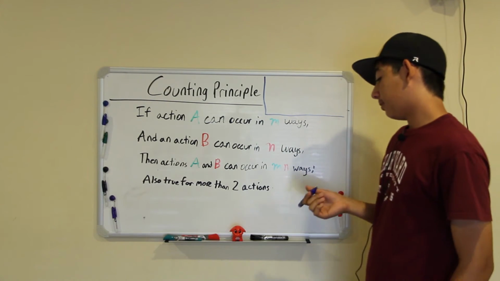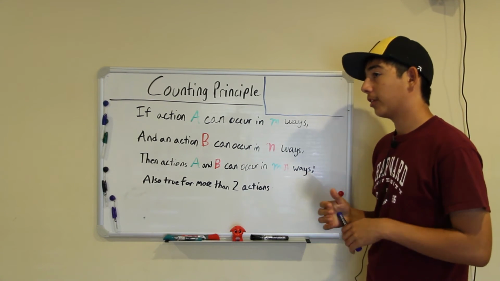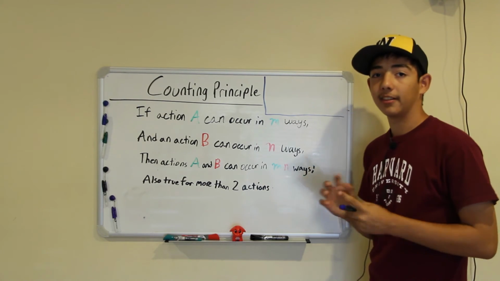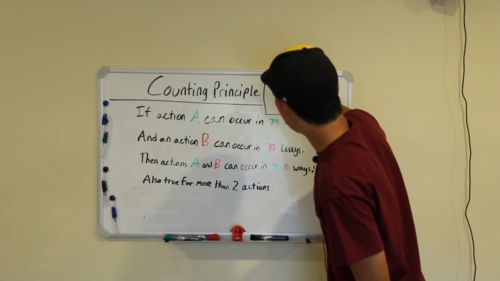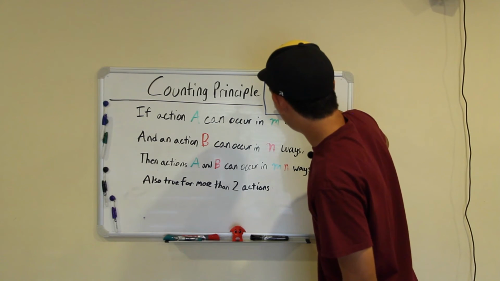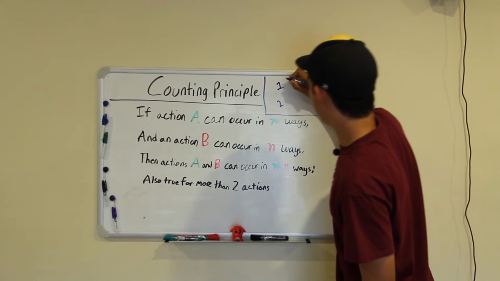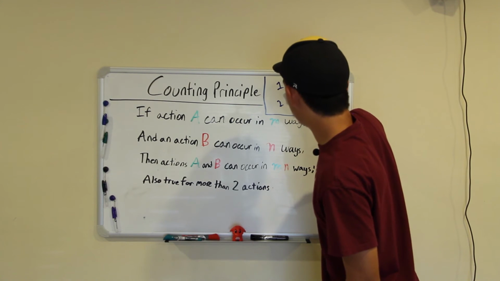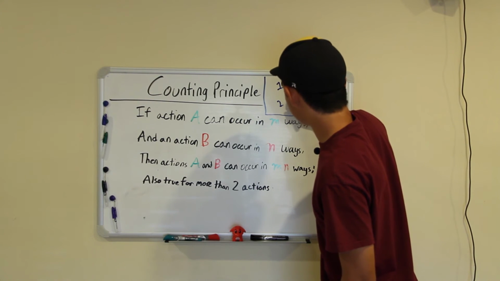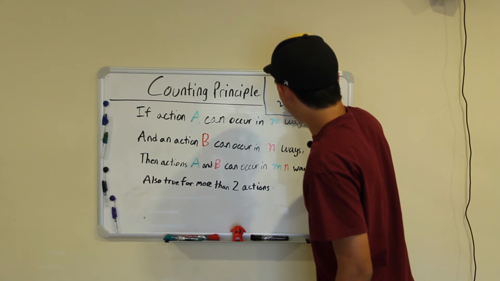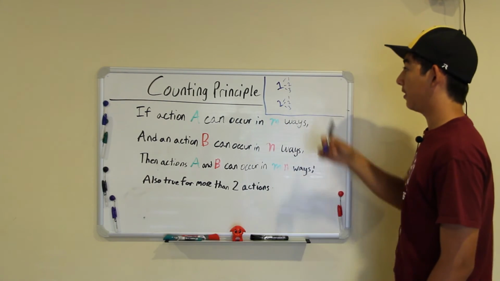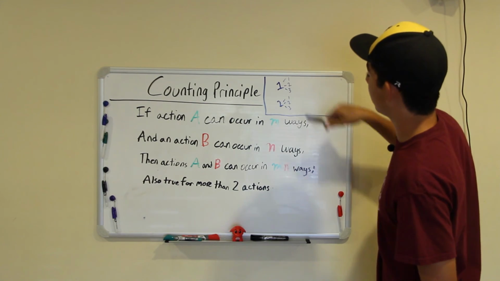Let's say I was making a random 2-digit number where the first digit is either a 1 or a 2, and the second digit is either 1, 2, or 3. So I'll write it right here. Okay, so now if I were to choose 1 as the first digit, then after that I can choose 1, 2, or 3 for the second digit.